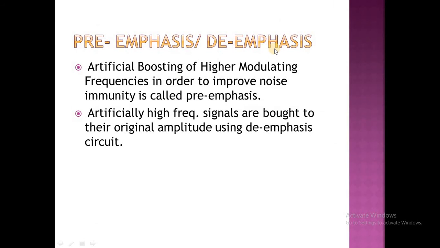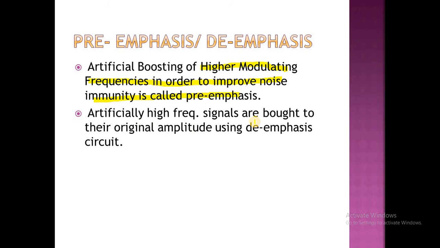Remember, guys. So what is pre-emphasis and what is de-emphasis? The artificial boosting of higher modulating frequencies in order to improve the noise immunity is called pre-emphasis. And what is the de-emphasis circuit or de-emphasis process?